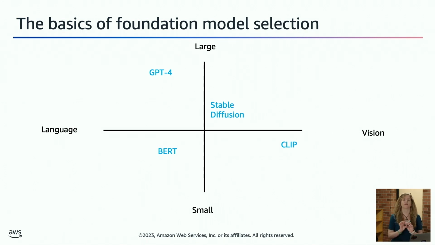So really, there are four dimensions. You've got the two edges of your x-axis here that I'm proposing, and then you've got two edges of your y-axis. So here in this horizontal line, basically you have two modalities that you're looking at. One is language, and then the other one is vision.